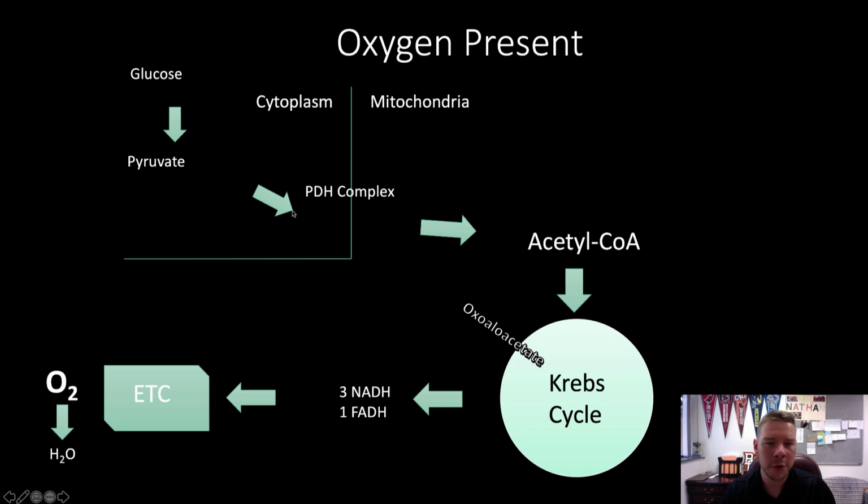Then those pyruvate, after they go through the PDH complex, will be converted into acetyl-CoA. Those acetyl-CoA will go through the Krebs cycle. Remember, once acetyl-CoA mixes with oxaloacetate, making citrate, that will start the Krebs cycle. And then from each turn of Krebs, we get 3 NADH and 1 FADH. And then all of those will go through the electron transport chain, which is shown here.